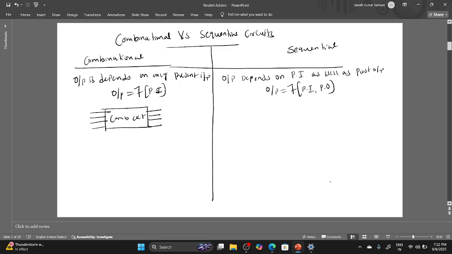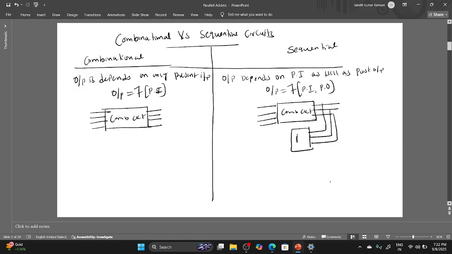So this is the combinational circuit. Whereas a sequential circuit has a combinational circuit with some set of inputs, and there will be feedback through the memory.